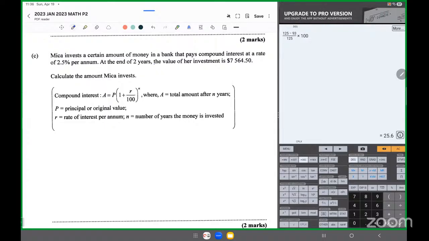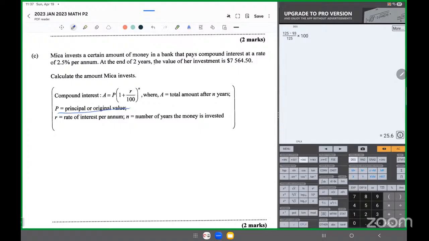And they're helping you. They give you a formula right here for compound interest. This is the amount accumulated on a principal of P at a rate percentage of R for a time of N years. N is the number of years. So A is the total amount after N years. P is the principal amount.